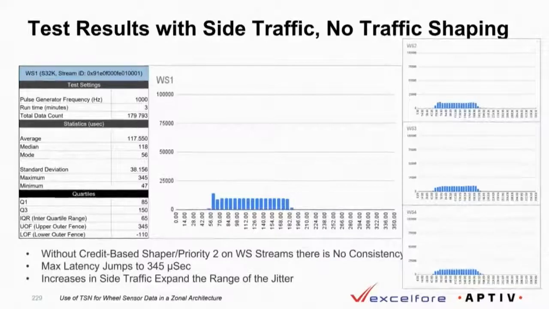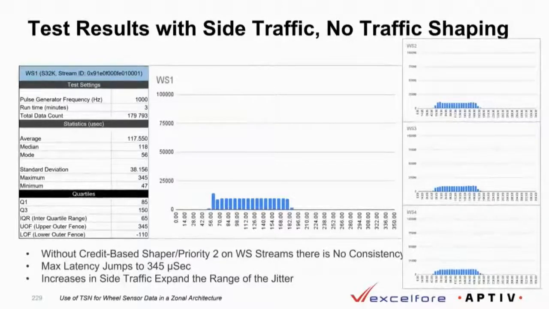Now, if I do not give priority to the time sync signal, what you're seeing is that the signal is getting transmitted in a random fashion. So it can show up at any point in the cycle.